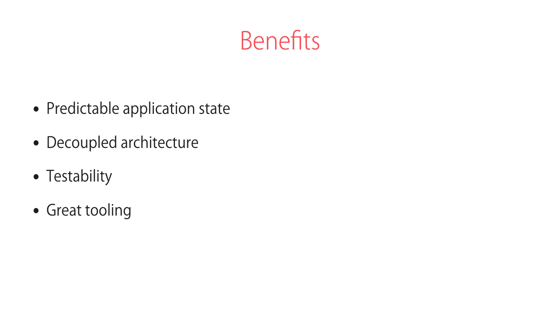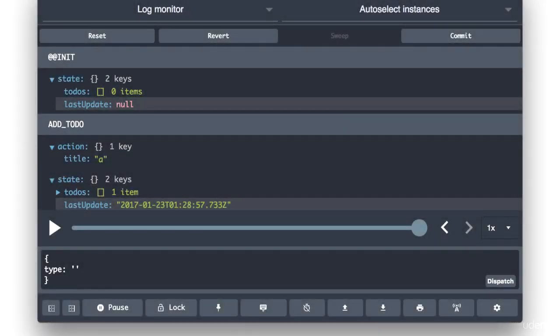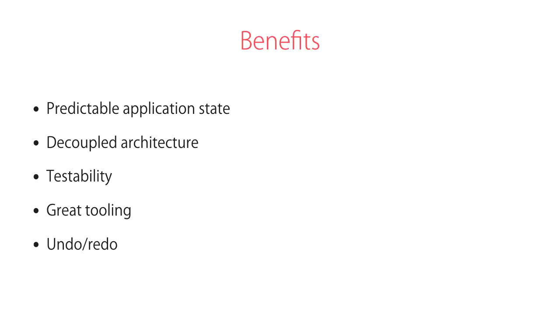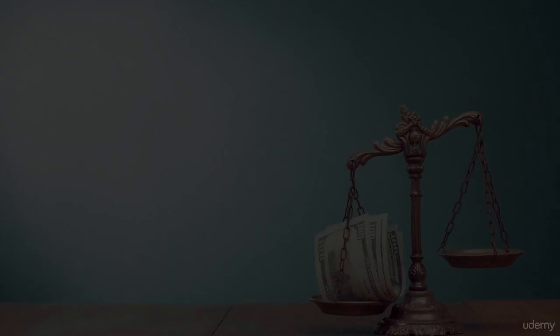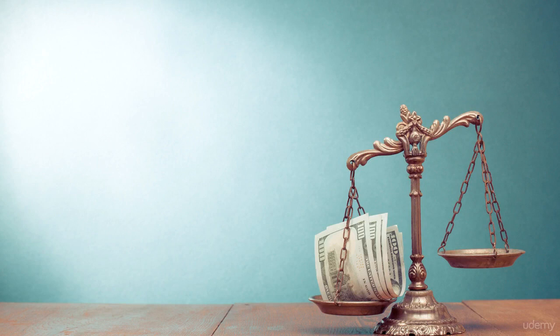This is actually one of the features that I was really impressed with, and you're going to see that in this section. And the last benefit is that Redux makes it incredibly easy to implement features like undo and redo. So if you need these functions in your application, yes, you can implement it without Redux, but using Redux makes your life much easier.